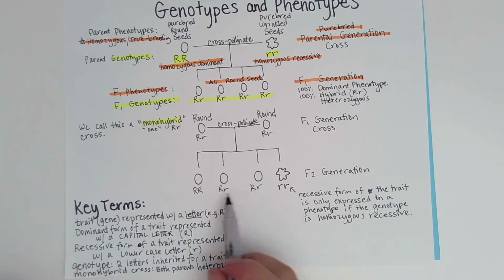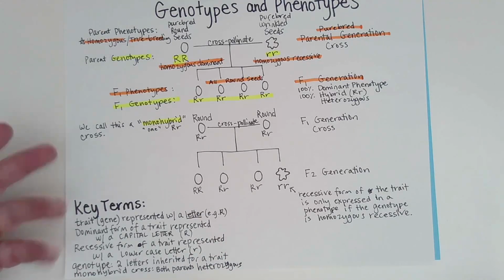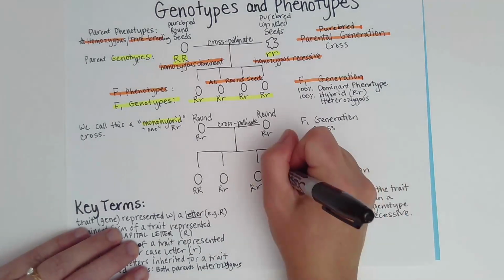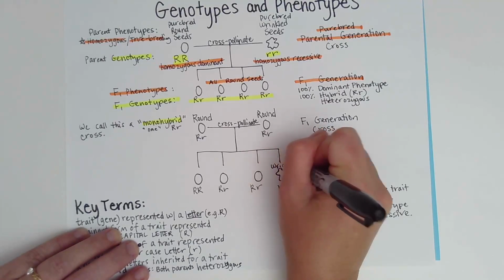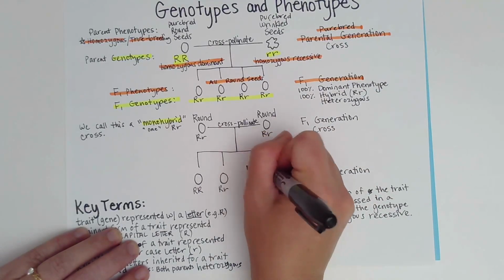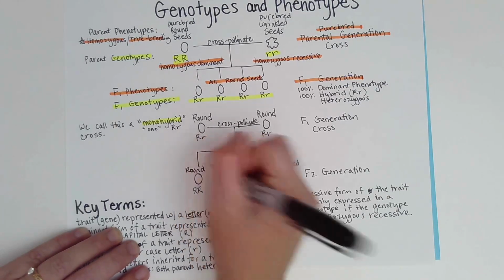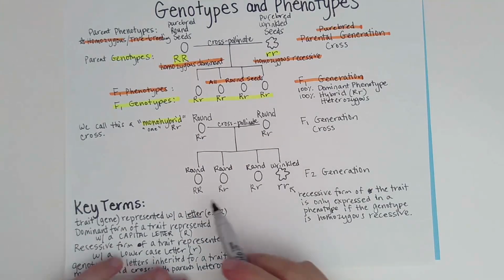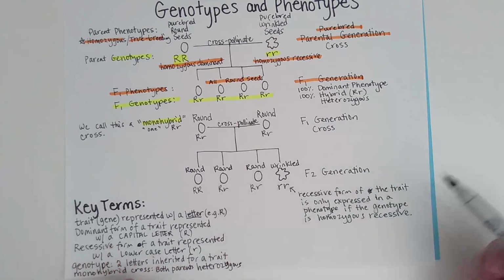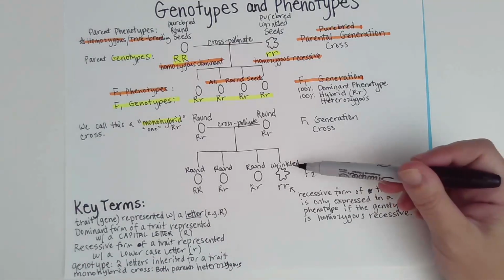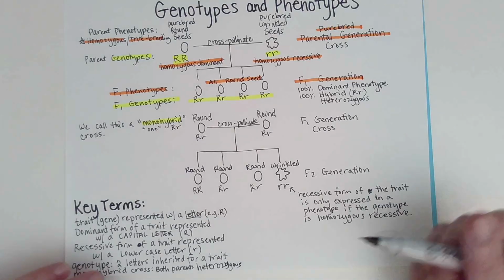If there's any big R, then the organism in this case is going to have round seeds. So the phenotype here, this one is wrinkled, and the rest of them are round. So what's interesting is you can look at a round seed and you don't necessarily know what the genotype is. It could be big R, big R, or big R, little r. But if you looked at a wrinkled seed for pea plants, you know that its genotype is little r, little r.